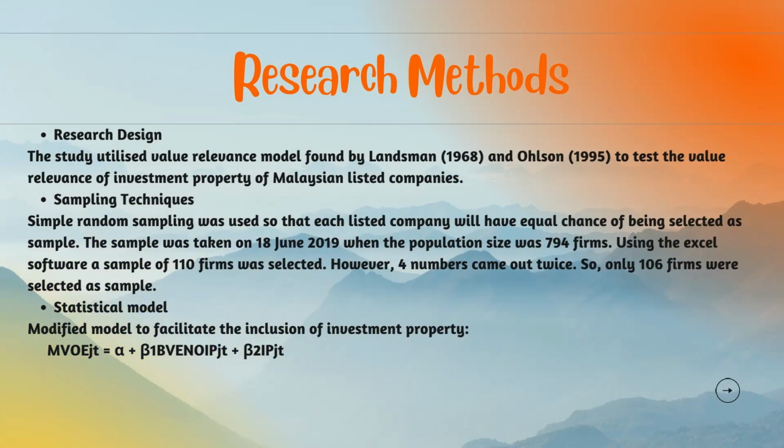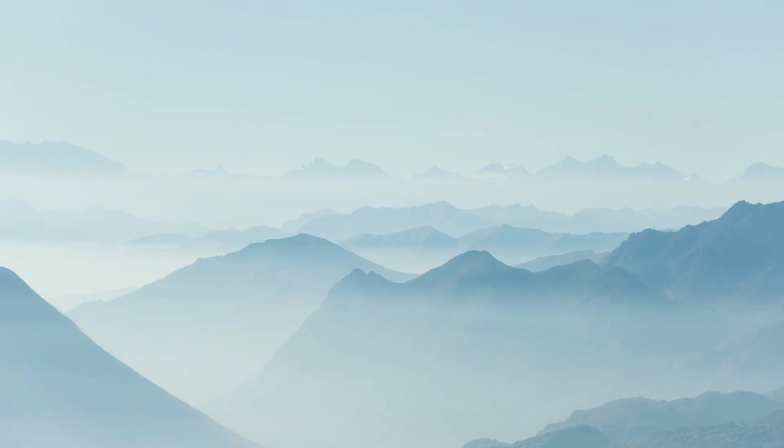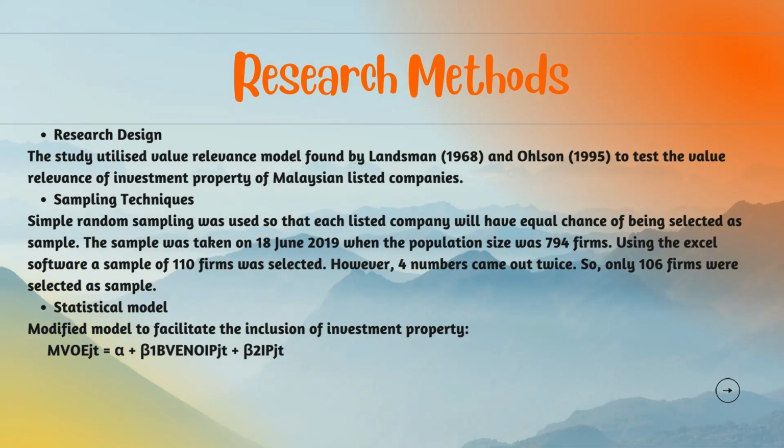Research design. The study utilized the value relevance model by Landsman 1986 to test the value relevance of investment property of Malaysian listed companies. For the sampling technique, simple random sampling was used so that each listed company would have equal chance of being selected as sample. The sample was taken on 18 June 2019 when the population size was 700 firms.